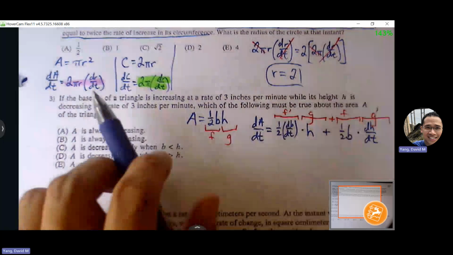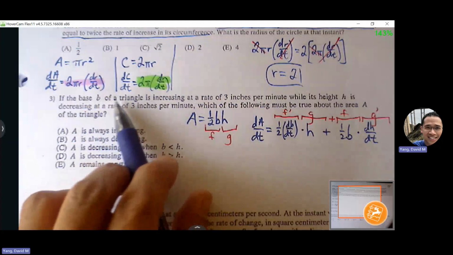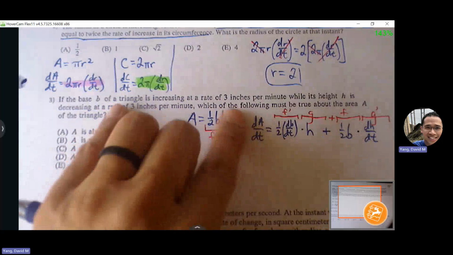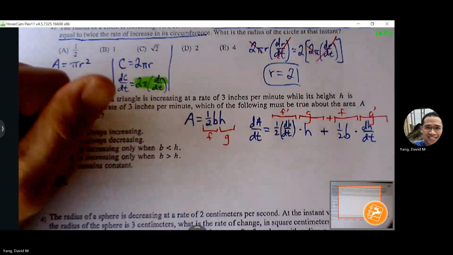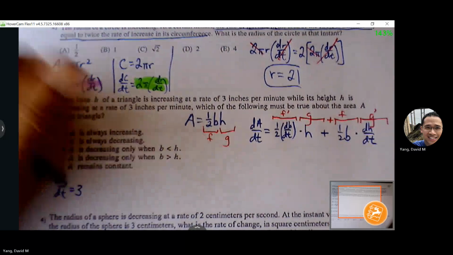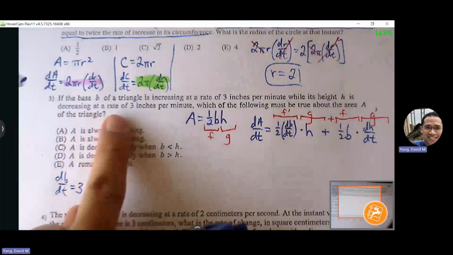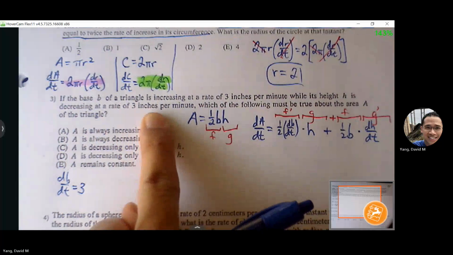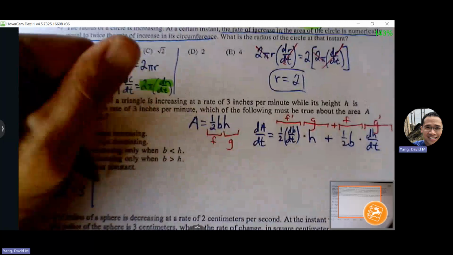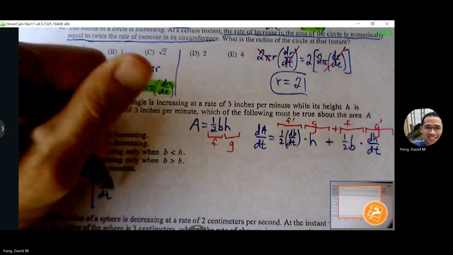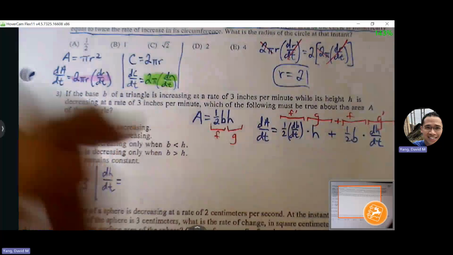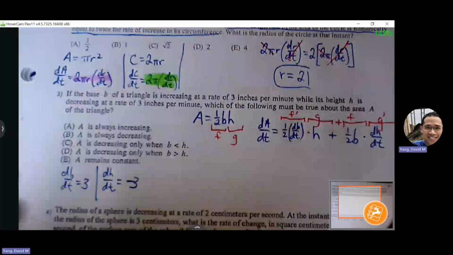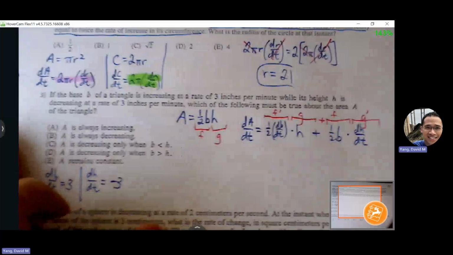Okay, let's assign some values to variables here. If the base of a triangle is increasing at a rate of 3 inches per minute, that's dB dt, positive 3. While its height is decreasing at a rate of 3 inches per minute, dH dt, any adjustment there? We want that to be what? Negative 3. Which of the following must be true about the area of a triangle?